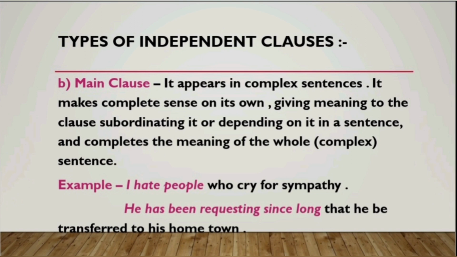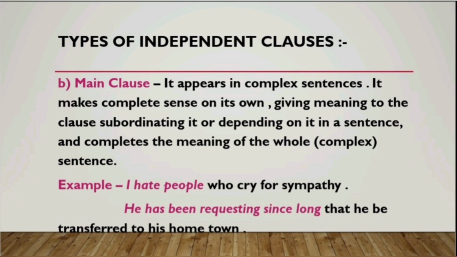This gives an incomplete meaning by itself, so it requires the help of an independent clause to convey its meaning. That's why who cry for sympathy is a subordinate clause or dependent clause. So this makes it completely a package. This is an example of a complex sentence.